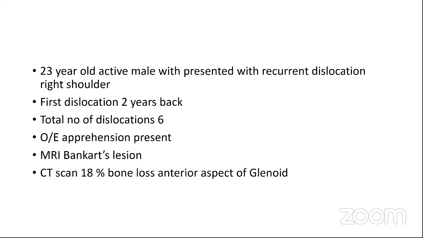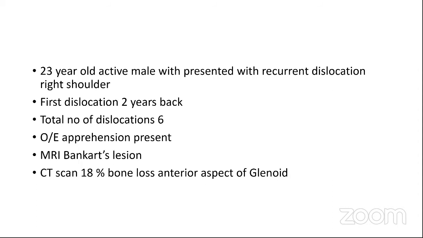First dislocation happened 2 years back. Total number of dislocations was 6. Every time the patient was able to get a closed reduction. First reduction was done under GA. Subsequent reductions did not require GA.